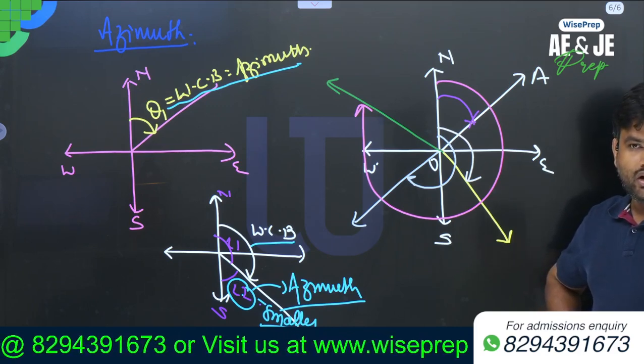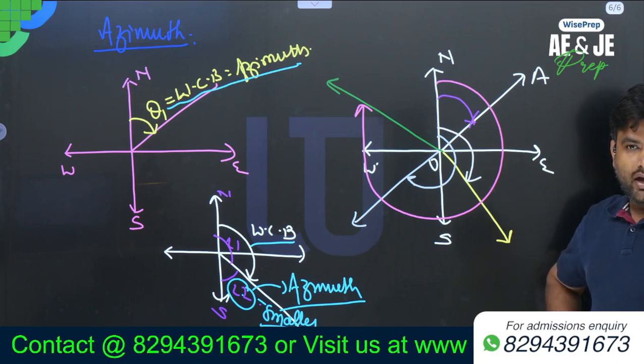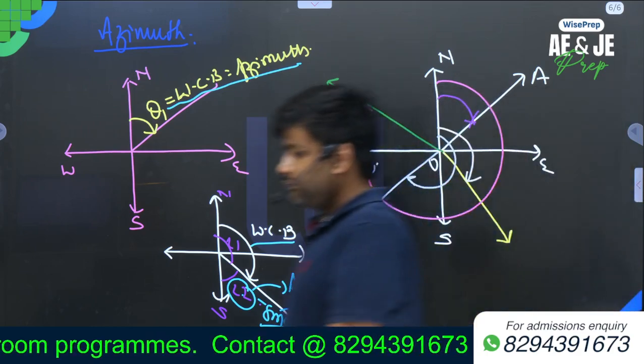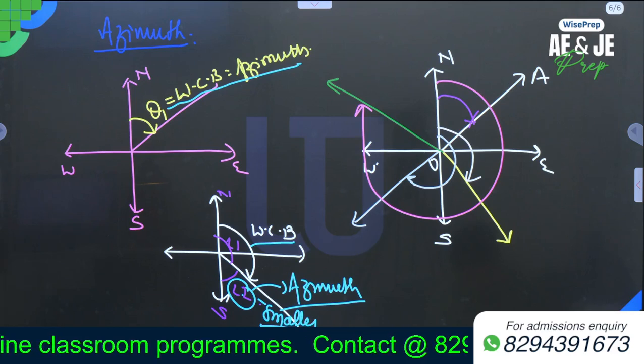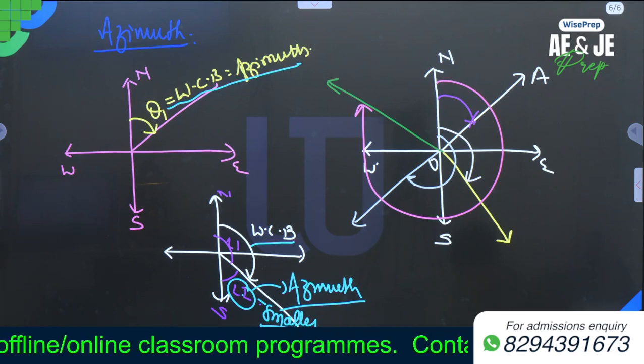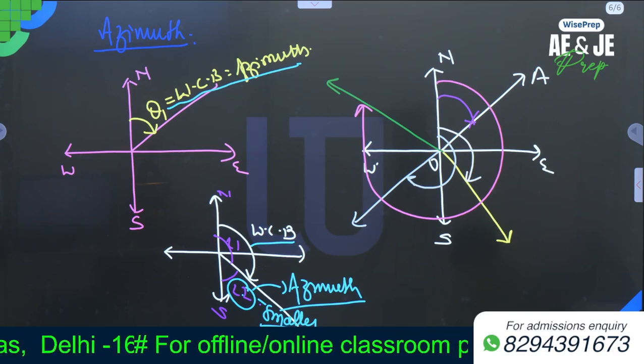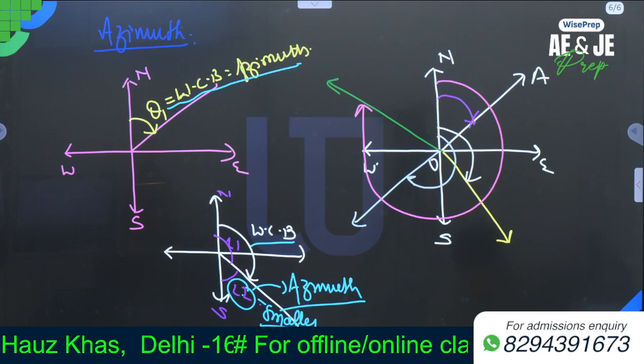Okay, write a note: azimuth and true bearing are not always equal.